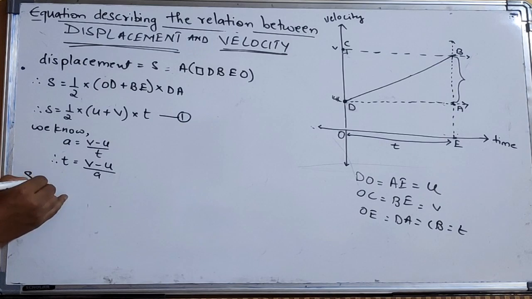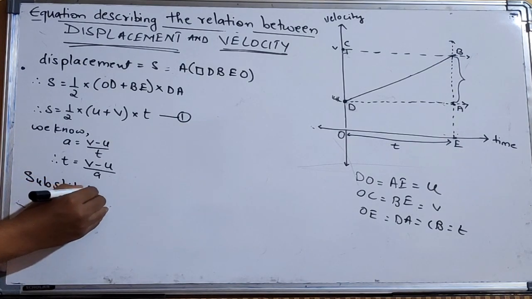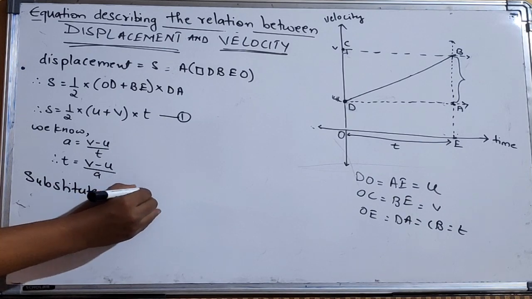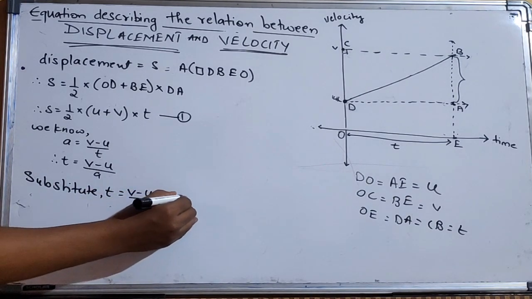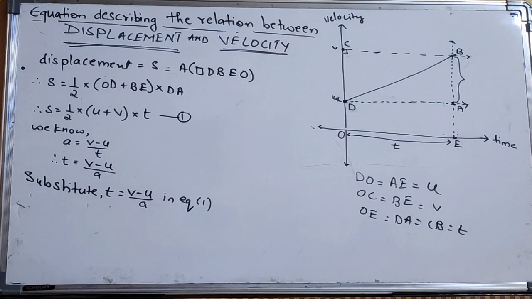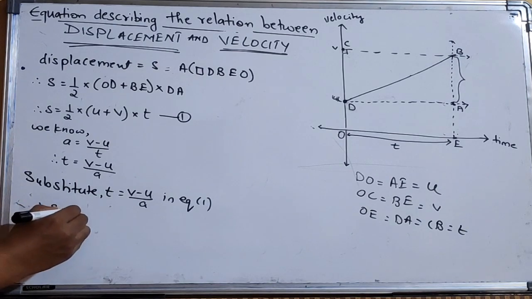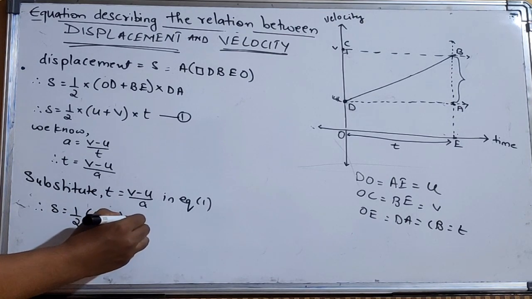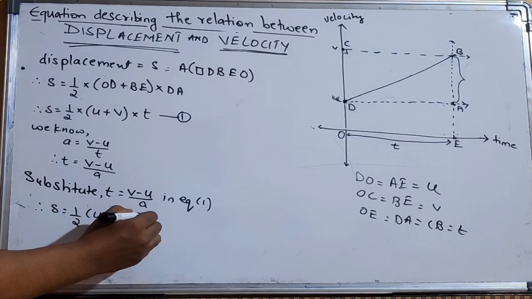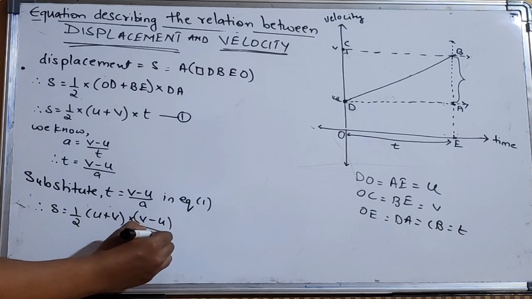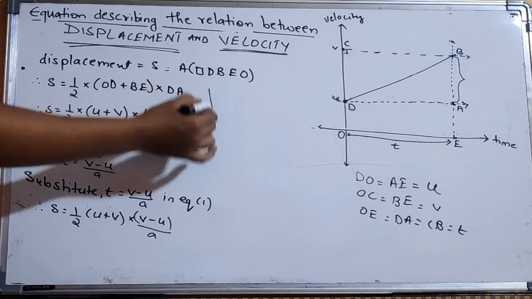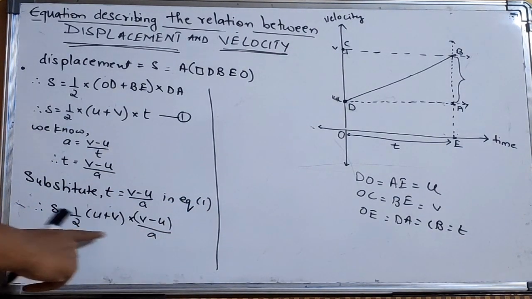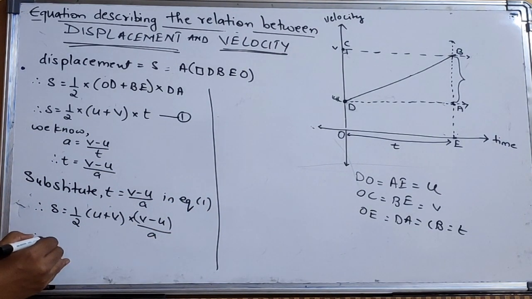I'm going to substitute T is equal to V minus U upon A in equation 1. Okay, so your equation 1 changes to this. S is equal to half multiplied by U plus V into the value of T, which becomes V minus U upon A.